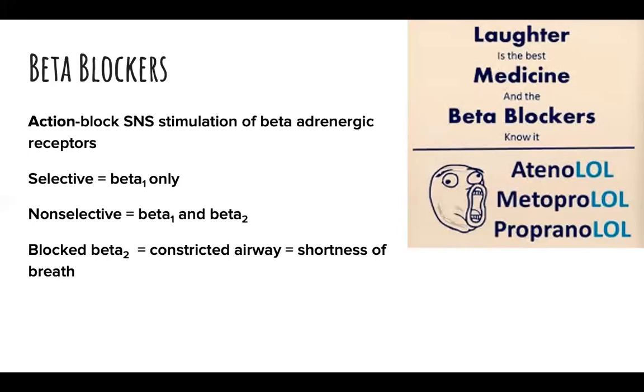Somebody who has COPD and asthma should never take a non-selective beta blocker. The last name of beta blockers are LOL. So atenolol is a beta blocker. Metoprolol is a beta blocker. Propranolol is a beta blocker. You see where I'm going with that. So the last name is LOL.